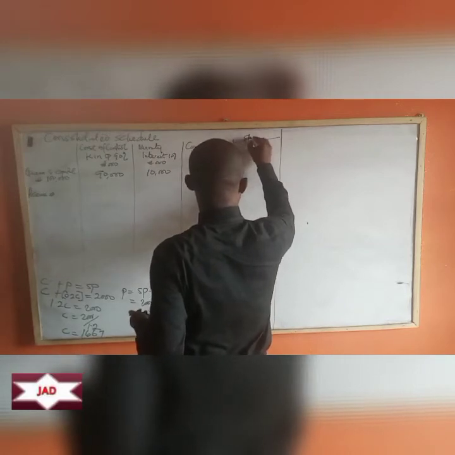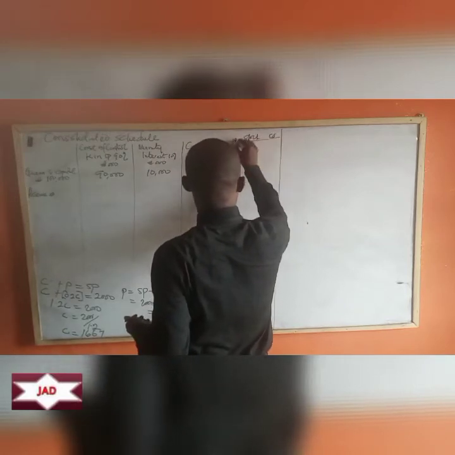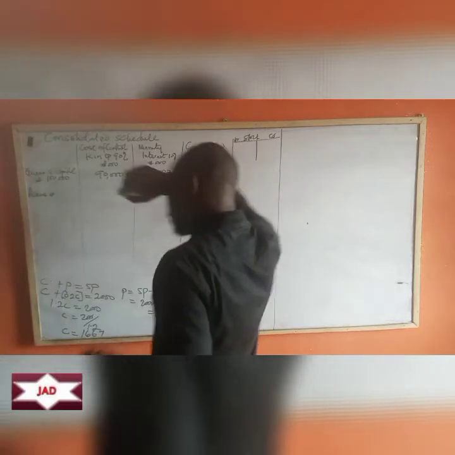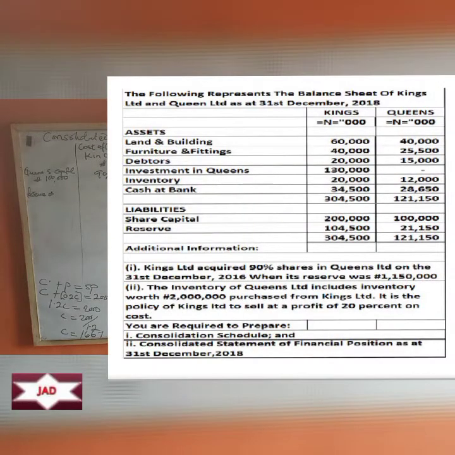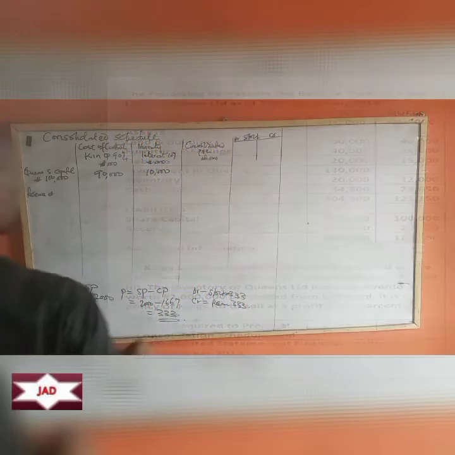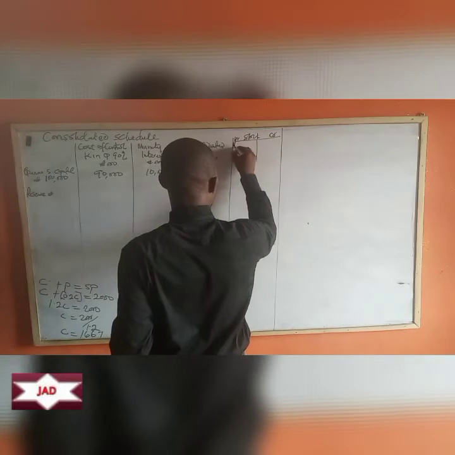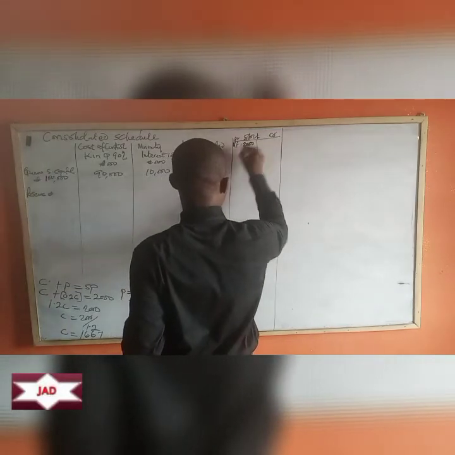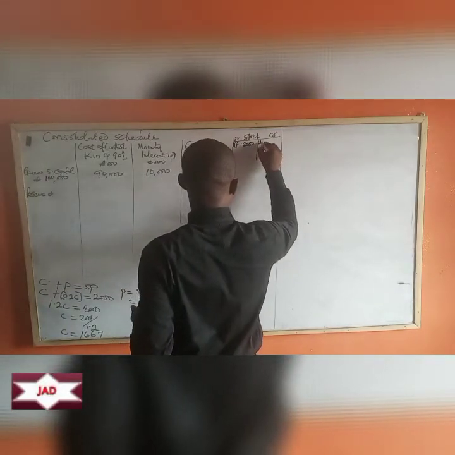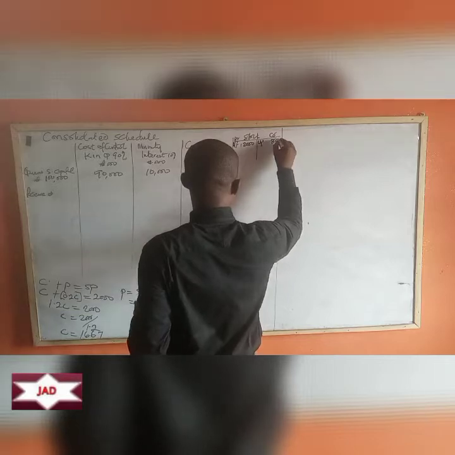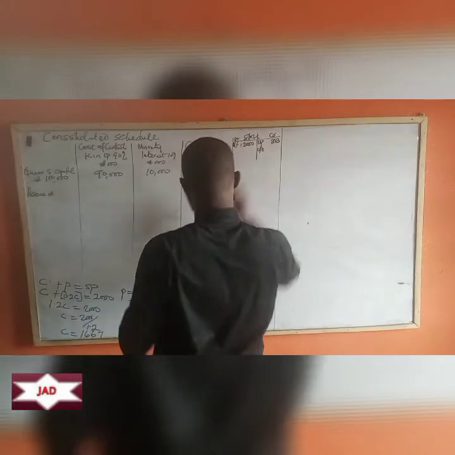So if you open our ledger here, you open stock of the subsidiary. What's the stock of the subsidiary there? The stock inventory there is what? 12,000. So balance brought forward is 12,000. So we adjust the unrealized profit of 333. So what's the new balance?